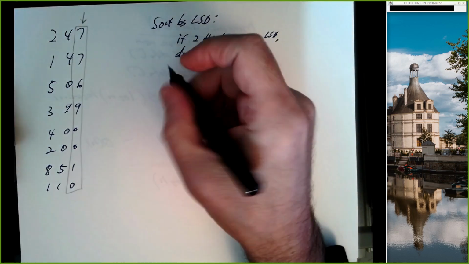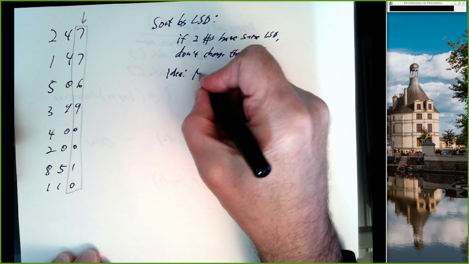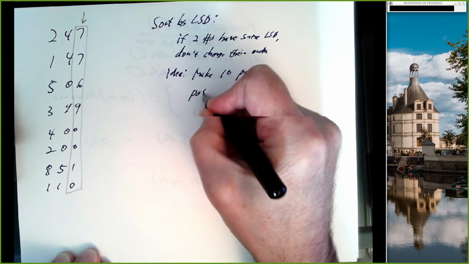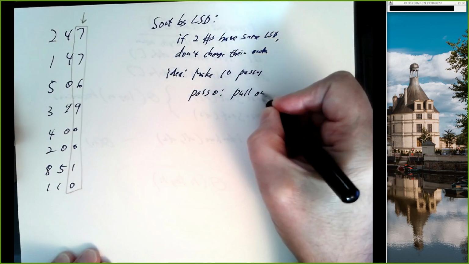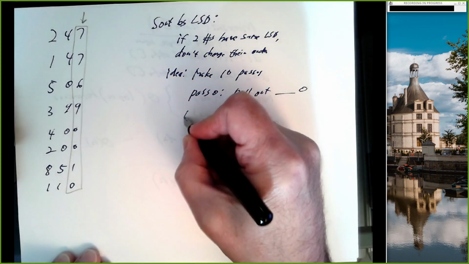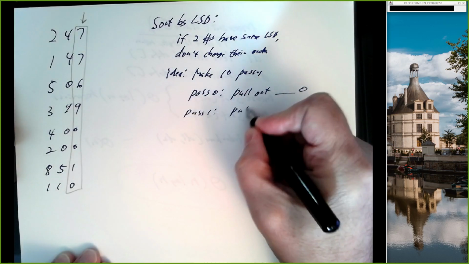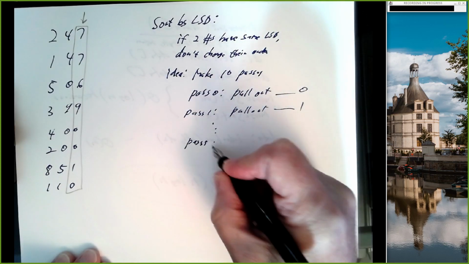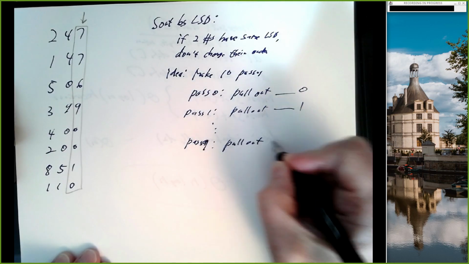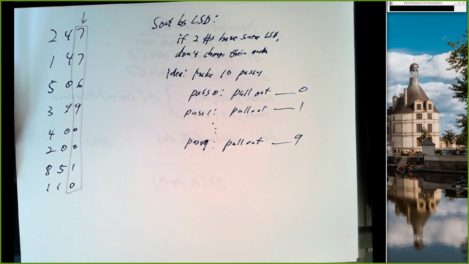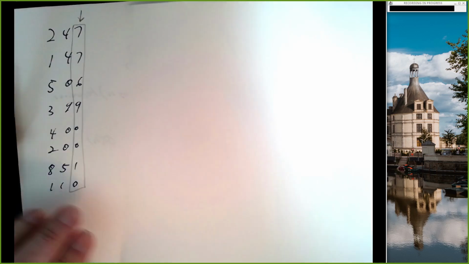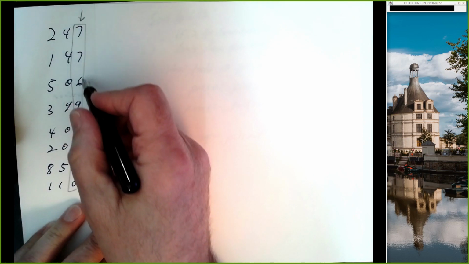And so here's our idea. Make 10 passes. Pass 0: pull out anything that ends with a 0. Pass 1: pull out anything that ends with a 1, all the way down to pass 9, where we pull out anything that ends with a 9. Alright, so let's try this. Let's go through here and look for anything that ends with a 0.